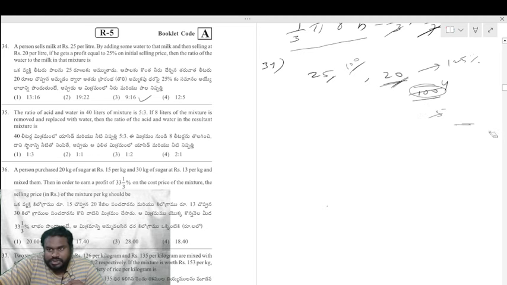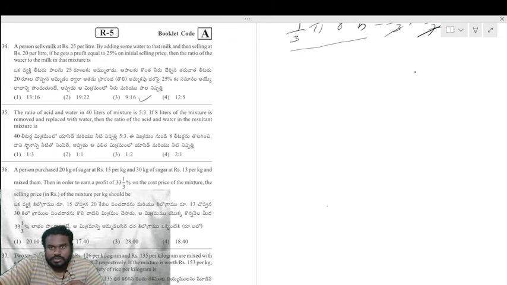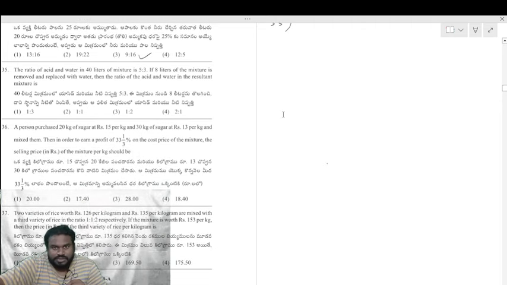Next question. The ratio of acid and water in 40 liters of mixture is 5:3.